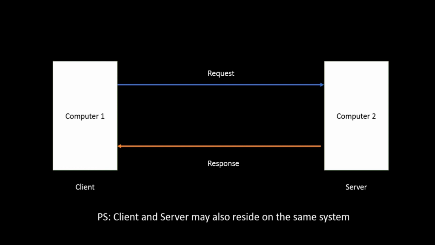And similarly, there will be a server application running on a machine owned by Google that will send you the response. So machines do not communicate. The processes inside the machines communicate with each other. So because the client and the server are actually two processes, they can even run on the same machine.